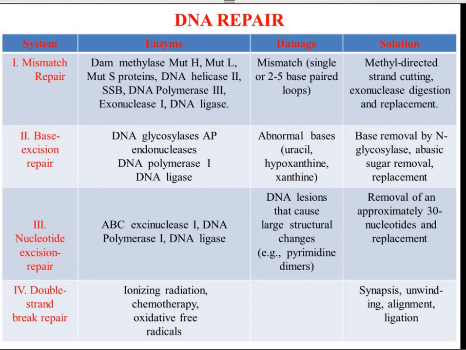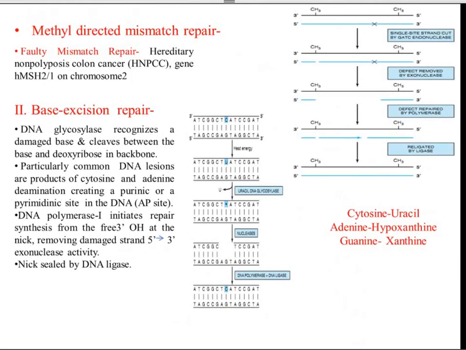Now what happens in this case? I will just show you the figure once again. First the glycosylase will remove the wrong base that was inserted. Once the wrong base, say uracil, is removed by the glycosylase, an apyrimidinic site is formed. The endonuclease will now cleave off the deoxyribose from the backbone.